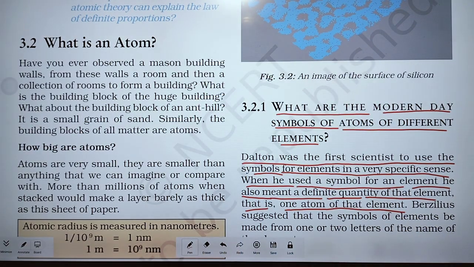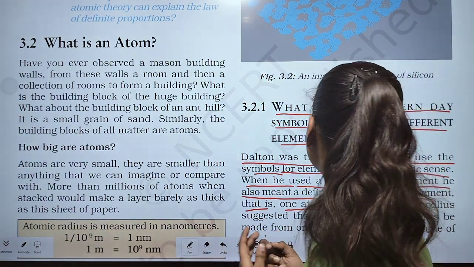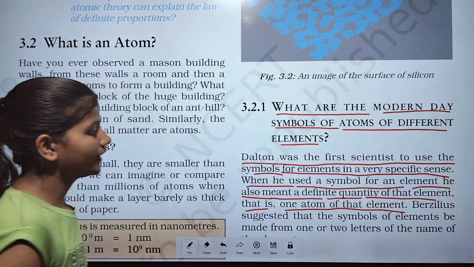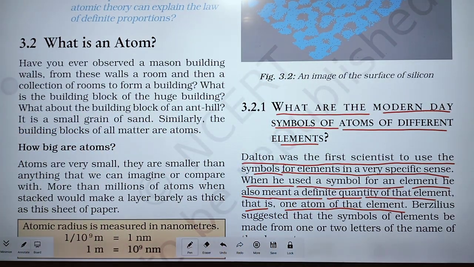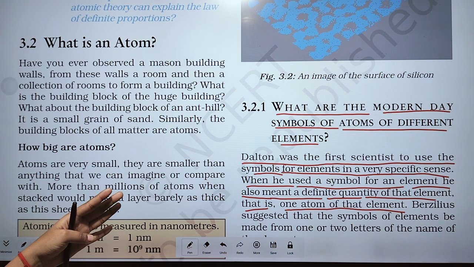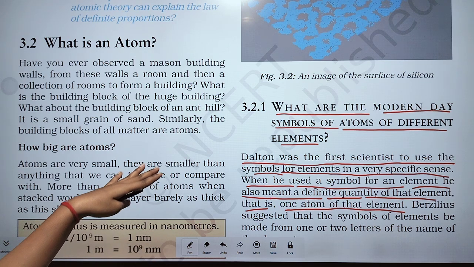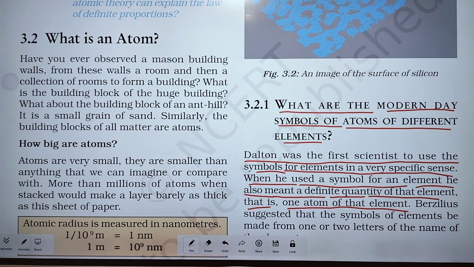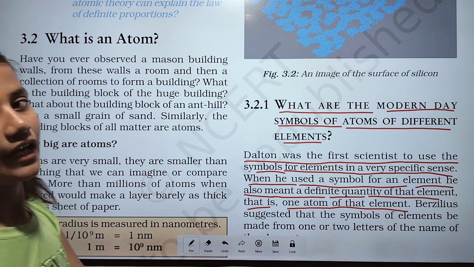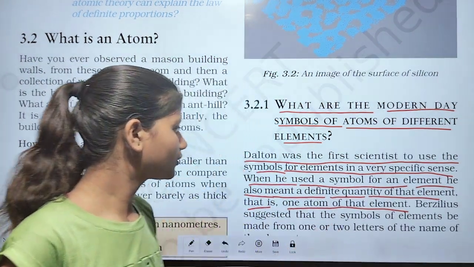When he used a symbol for an element, he also meant a definite quantity of that element. That is, one atom of that element.